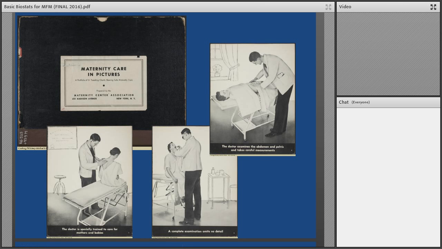So I came across this book preparing this talk at our library. It's from the 1930s, Maternity Care in Pictures. And it's an informative book with pictures for expectant mothers. The doctor is specially trained to care for mothers and babies. The doctor examines the abdomen and pelvis and takes careful measurements. And then a complete examination omits no detail.